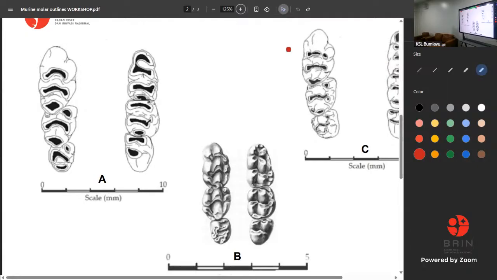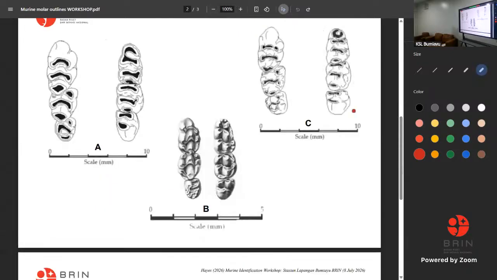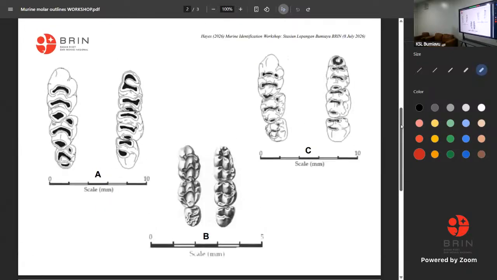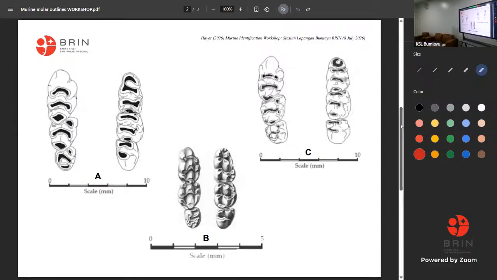You've only got 6, so it's one of the other 6. It's a puzzle. It's like a game. I don't think it will be a hit on the internet, but it's just like a game: what rat tooth is that?